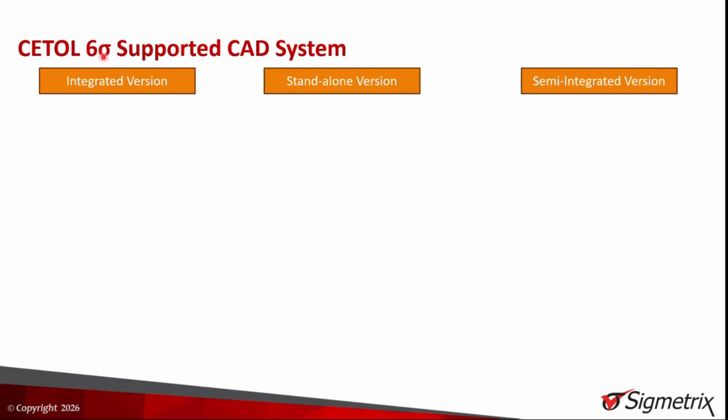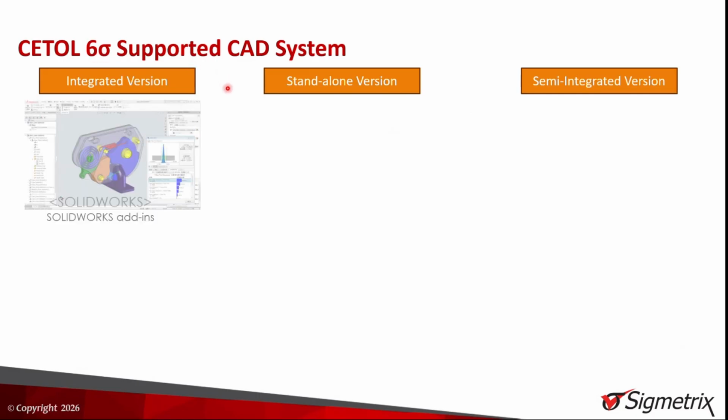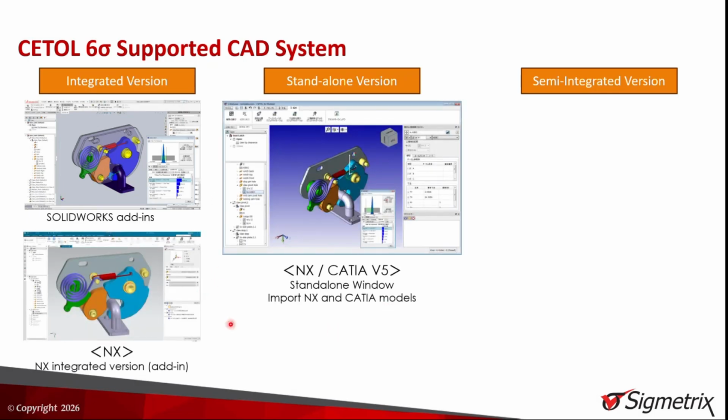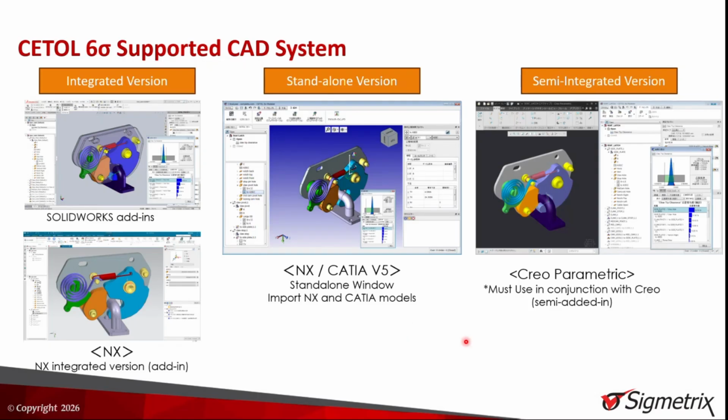Here are the CETOL supported CAD systems. For the integrated version, we include SolidWorks and NX. If you choose the standalone version, we also have an option for NX and CATIA. Last but not least, for PTC software, those using PTC Creo CAD as their design tool.